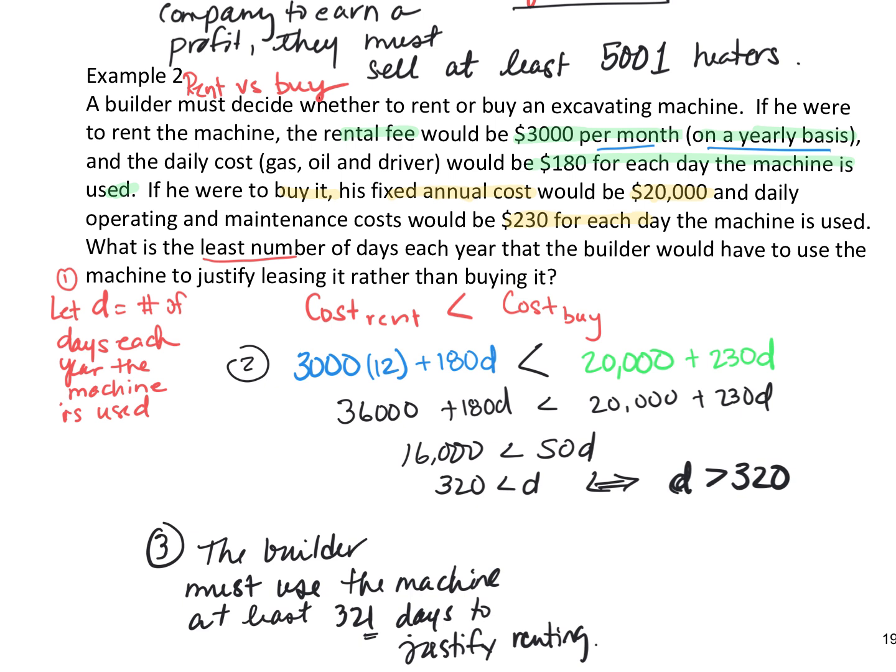And you can always check this and figure out what makes sense. Like, if I did 319 days, what would happen? I actually worked that out. When I did 319 days and substituted in, I got that renting was going to cost him $93,420, where buying would cost him $93,370.